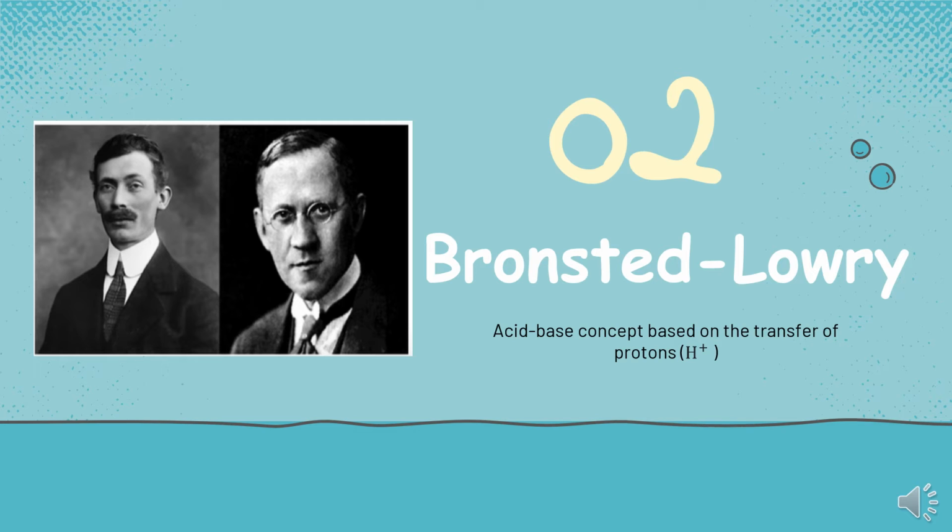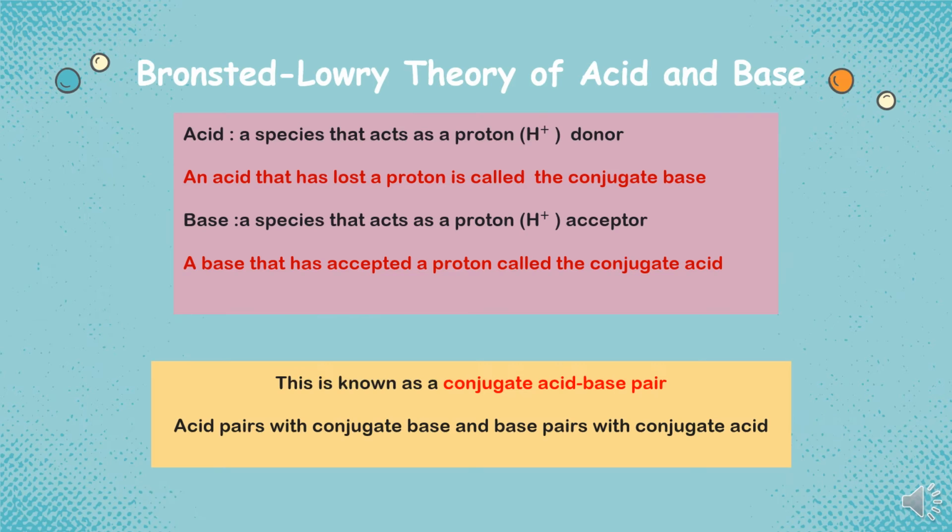Acid-base concept based on the transfer of a proton. Bronsted-Lowry theory of acid and base. Acid, a species that acts as a proton donor. An acid that has lost a proton is called the conjugate base.